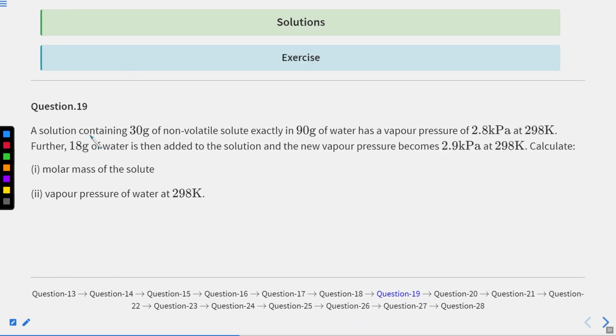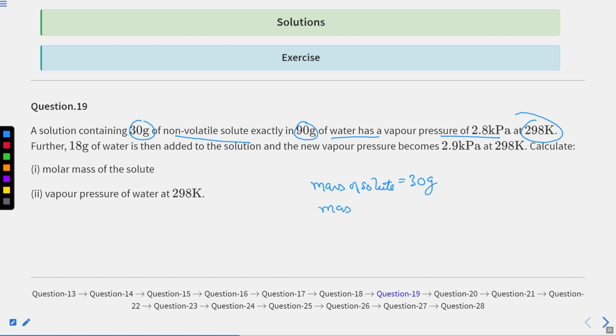Next, a solution containing 30 gram of non-volatile solute in 90 gram of water has a vapor pressure of 2.8 kilopascal at 298 Kelvin. So we have a solution which has 30 gram of non-volatile solute. So mass of solute is 30 gram. Exactly 90 gram of water.